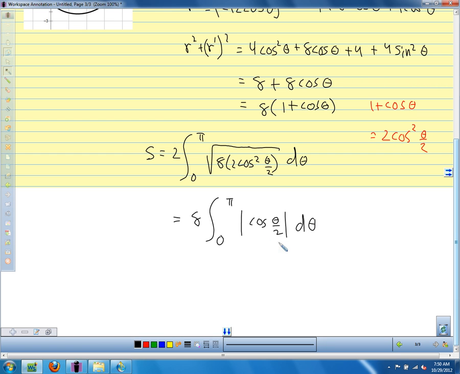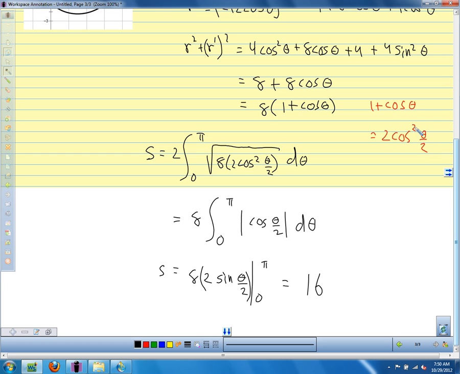And cosine θ/2 is positive on this interval, so we don't have to worry about the absolute value. So our arc length is 8 times 2 sine θ/2 from 0 to π, and we end up with 16. So our arc length is 16 units for our cardioid.